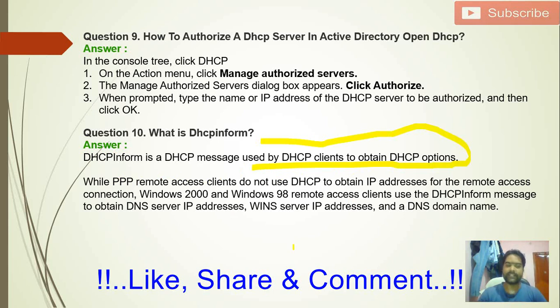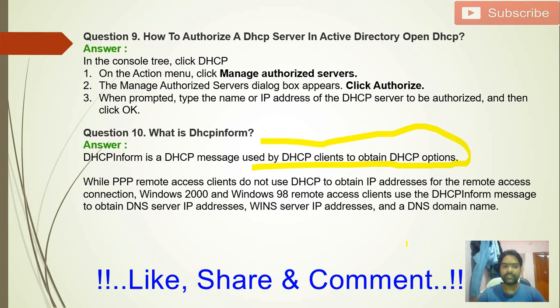If you are accessing anything remotely, at that time your system will not use DHCP to obtain an IP address, and in that condition DHCP inform is useful to obtain the DNS server IP address, WINS server IP address, and DNS domain name. This is the concept of DHCP inform, not information. If you are accessing anything remotely, your system will not be able to use the DHCP protocol.